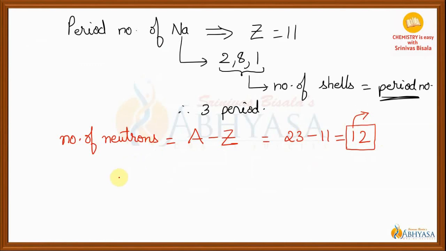Then what do we need to calculate? First we need to calculate the number of moles of neutrons in 4.6 grams of sodium.